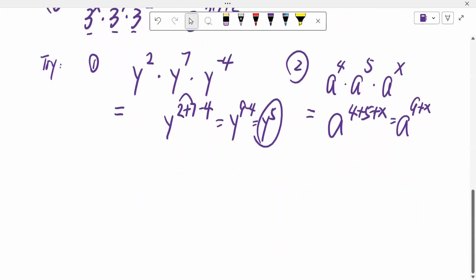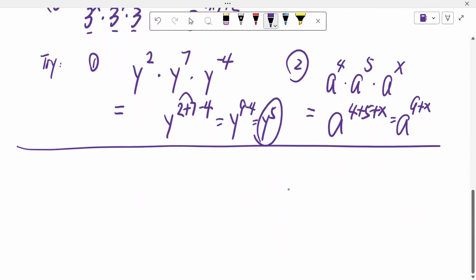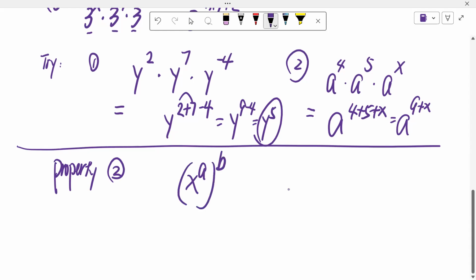Now let's talk about property number 2. If you have an exponent raised to another exponent, then it becomes x to the a times b. We multiply the exponent from inside the parentheses and the exponent from the outside.